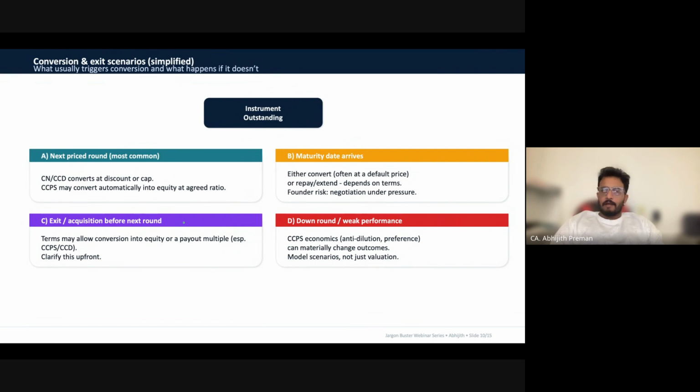As I've told, when the valuation goes down, the investors may convert the CCPS into equity to secure more control in the company. Again, model scenarios, not just valuation. You'll have to model all those scenarios, understand what is going to happen, and what dilution you're going to have.